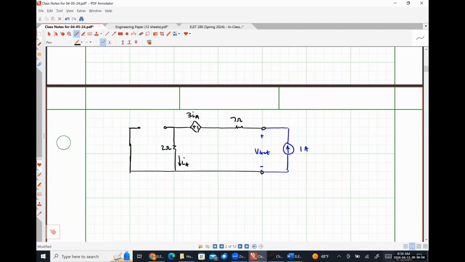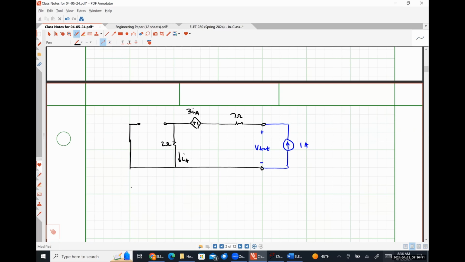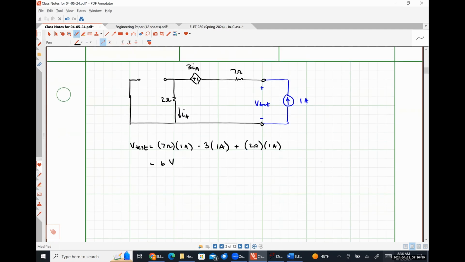Well, applying Kirchhoff's voltage law around this loop, what we find is that V test is equal to 7 ohms times 1 amp minus 3 IA, where IA is just 1 amp, plus 2 ohms times 1 amp. So 7 minus 3 plus 2 is 6 volts. And from this, R equivalent is 6 ohms. Anybody got any beef with that?